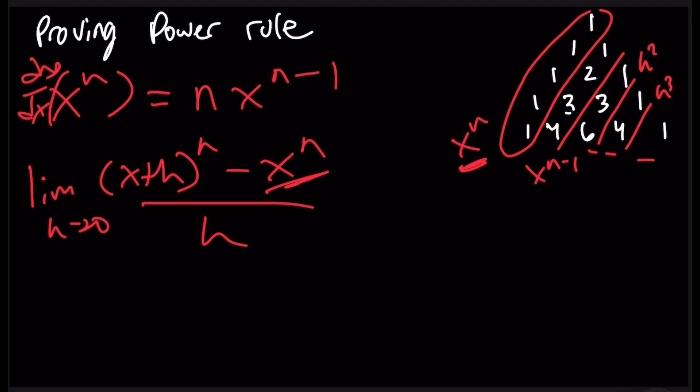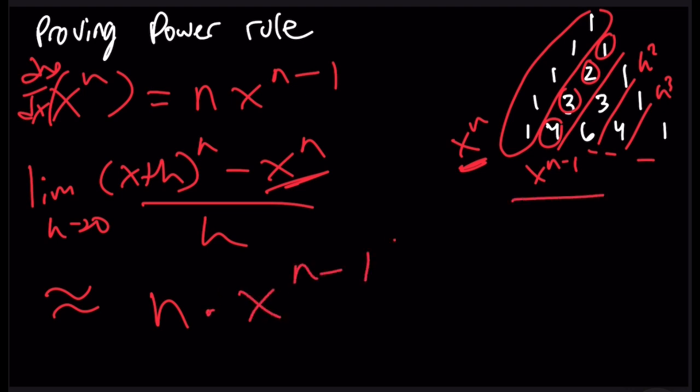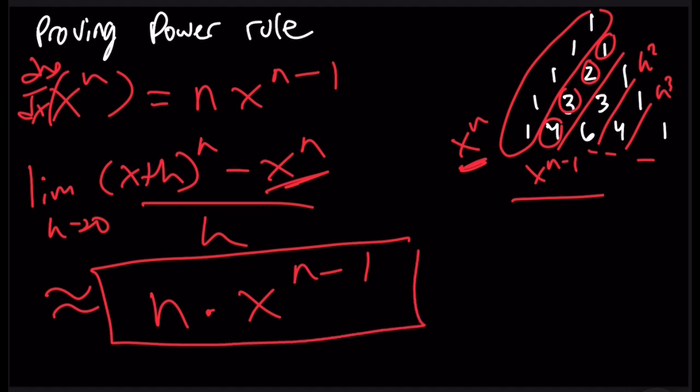So we can actually generalize this, and we can say that this is approximately n times x to the n minus 1. And that is the most basic proof of the power rule. Obviously, you can go deeper, but this is what I got so far.